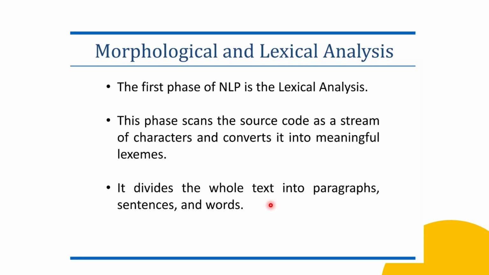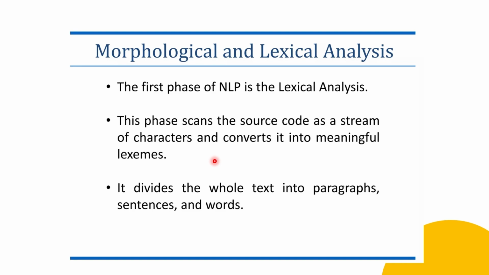And first, let us look into the lexical analysis. This is the first phase of NLP, where the paragraph is divided into different sentences. These sentences are divided into different clauses, phrases, and then words.